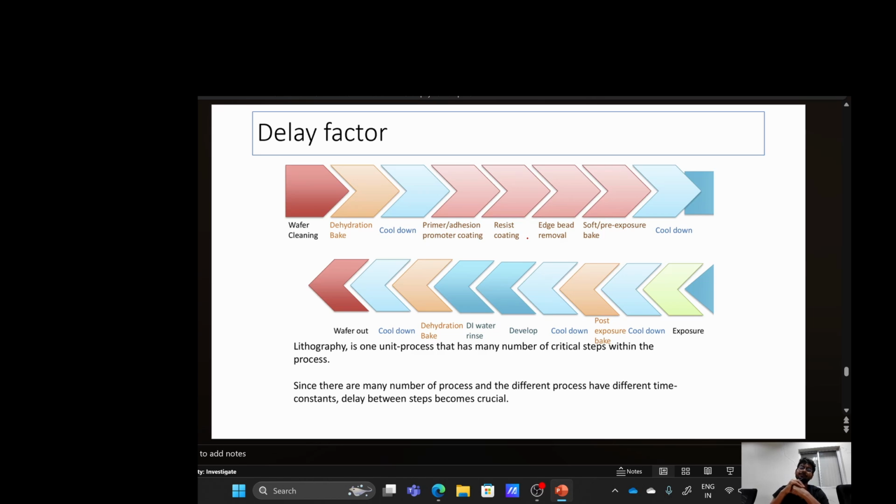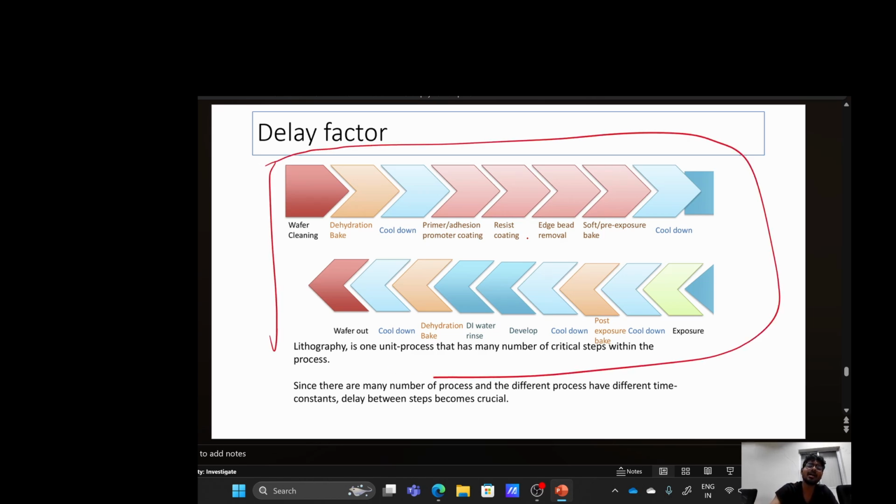So the whole process takes around 1 hour. If you are continuously doing it, it should not go beyond 1.5 hours, but you should not give any time for the resist to be exposed to the outer environment, so that there is no effect of humidity.